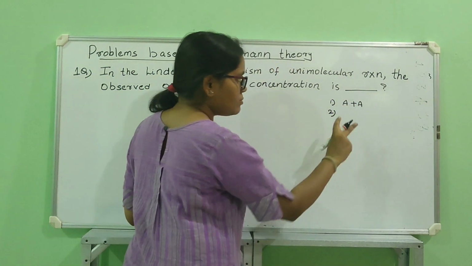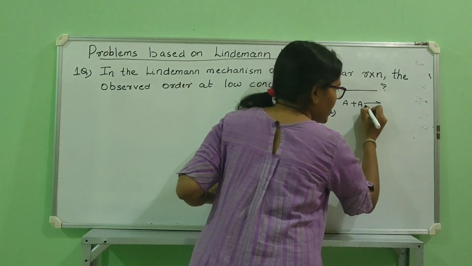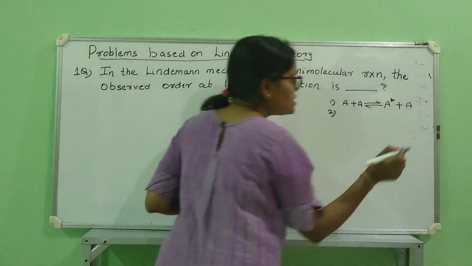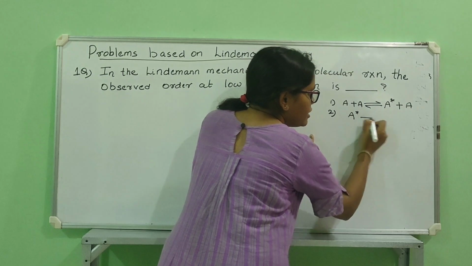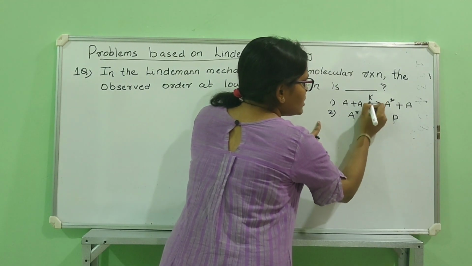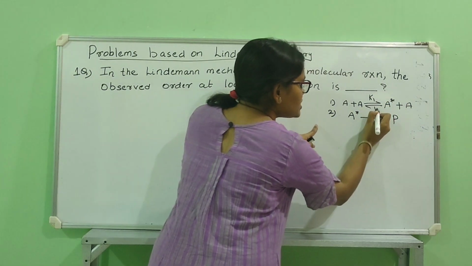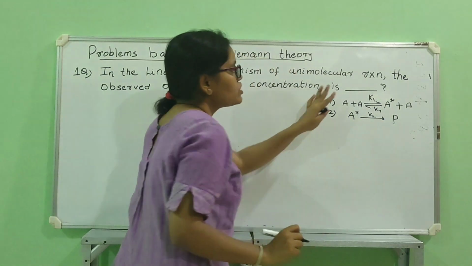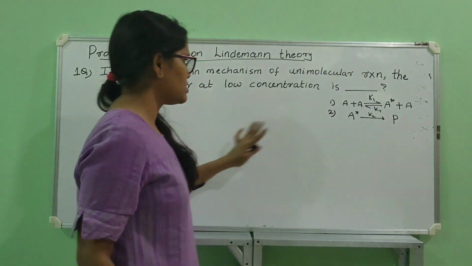And in the first step, gas molecule A collides with the other gas molecule A to give this energized molecule A star plus A. Now this A star will give products. So the rate constant of this step is K1, the rate constant of this reverse step is K minus 1 and the rate constant of second step is given by K2. So this is the mechanism proposed by Lindemann for unimolecular gaseous reactions.